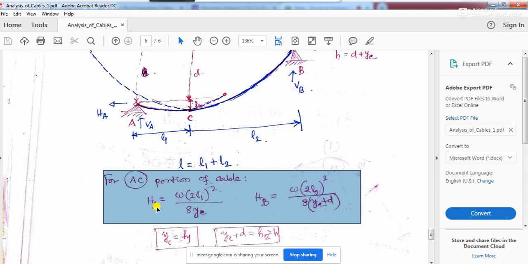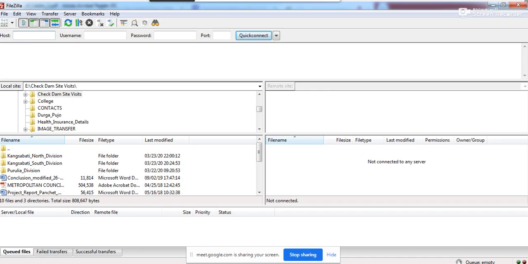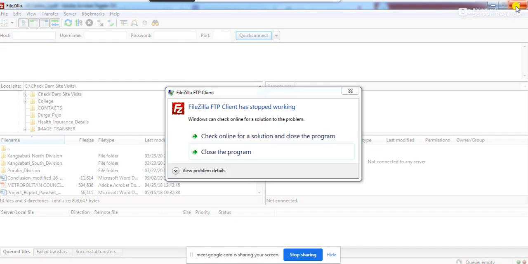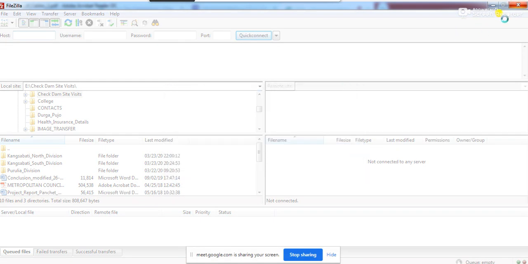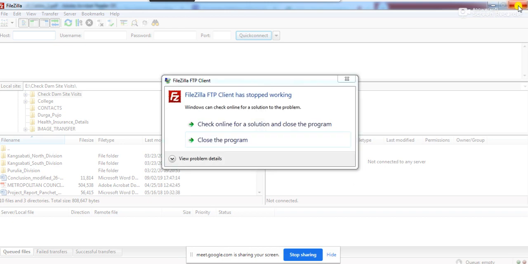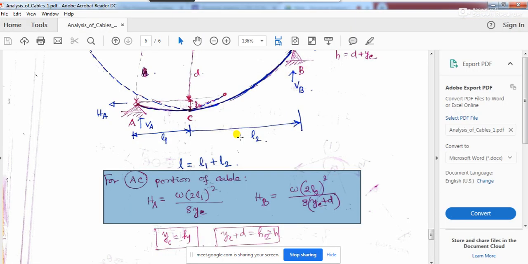If you remember, when the supports are at the equal level, what is the formula for horizontal force? Just a few minutes back we have solved the problem. What is the formula you said?